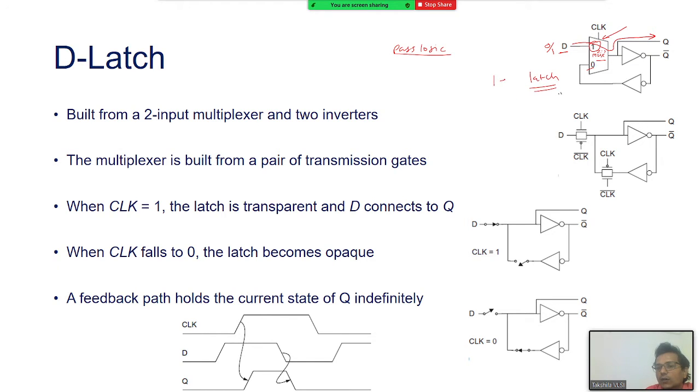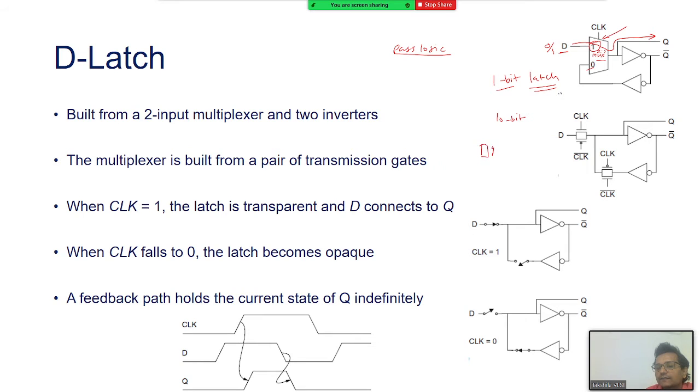It's called a 1-bit latch. So if you have 10 such latches and build a circuit, that would be called a 10-bit latch circuit. We'll also see how these latches are used to create the flip-flop.